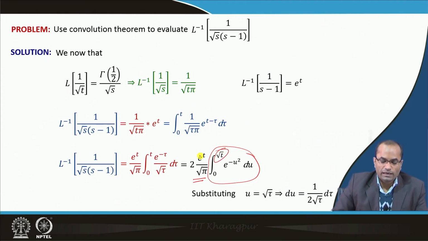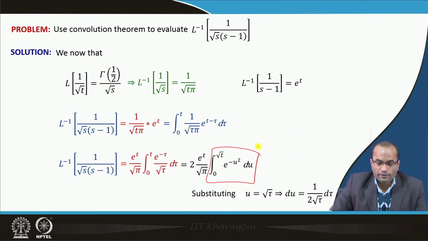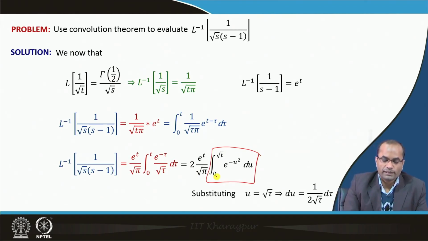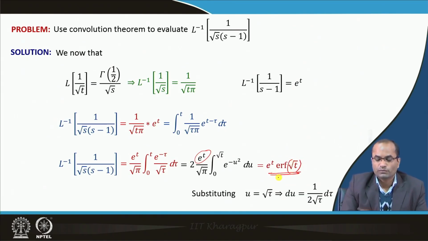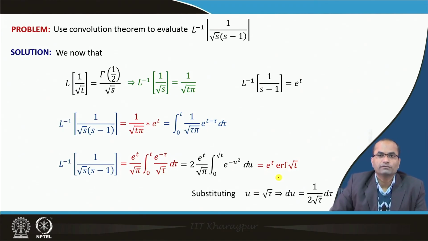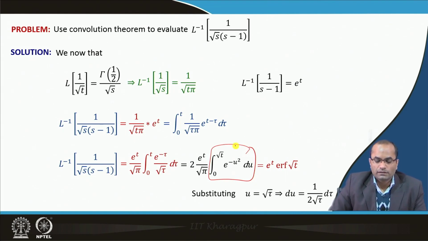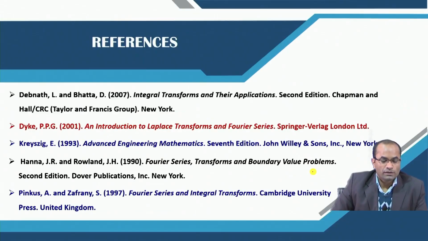Now we can use the definition of the error function, which is 2 over square root pi integral 0 to square root t of e power minus u square du. So, we have e power t and error function of square root t. This is another way where we can get the inverse of some functions, and at the end we got this integral which is nothing but the error function of square root t.